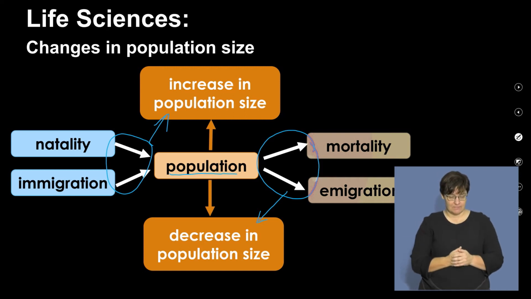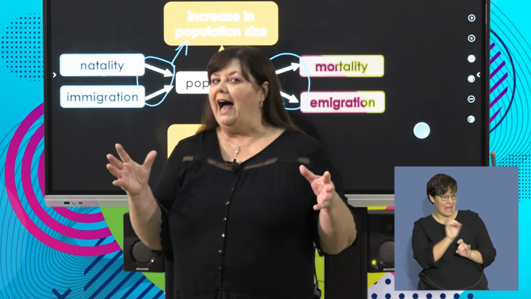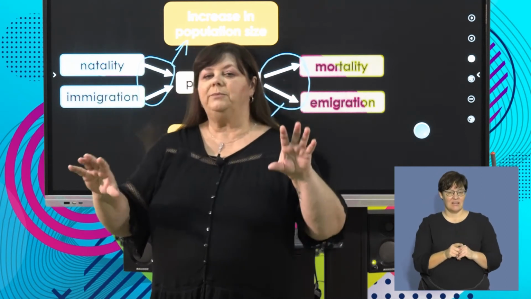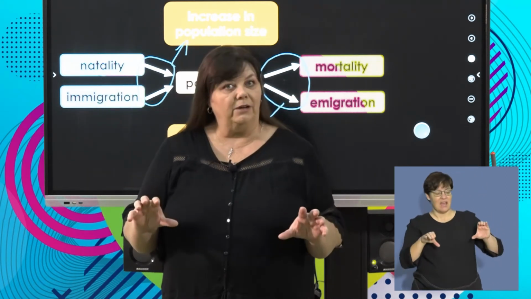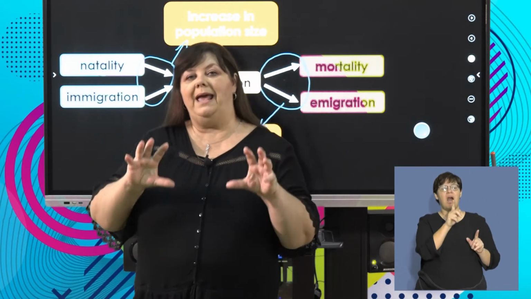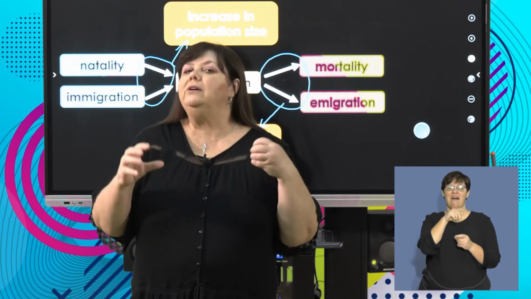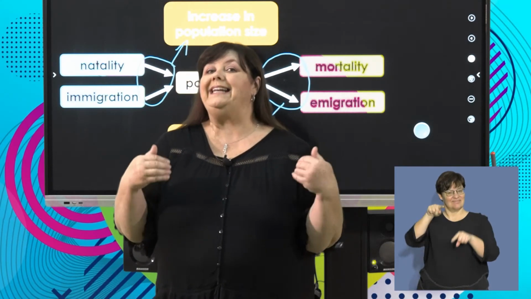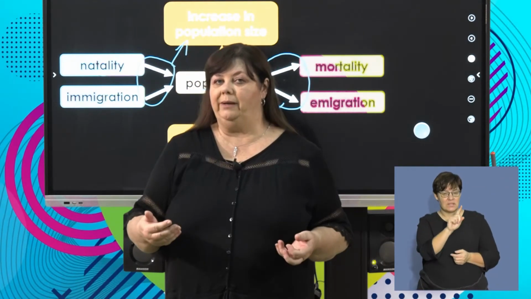So I hope you can see here, learners, how all of those different parameters we learnt about, their definitions, all come into play, and we are looking at something called dynamic equilibrium.